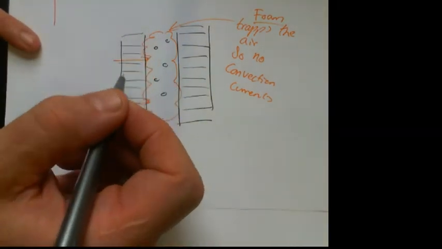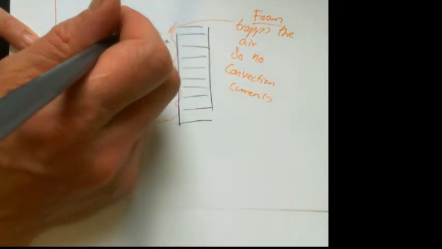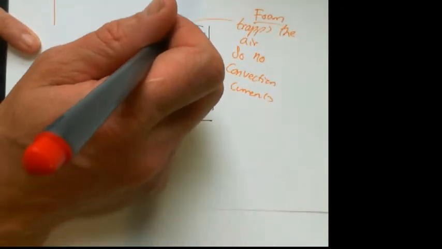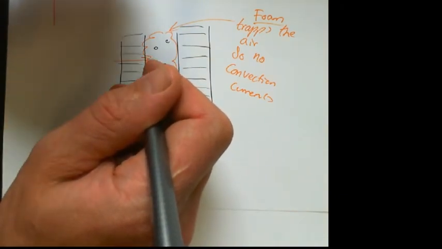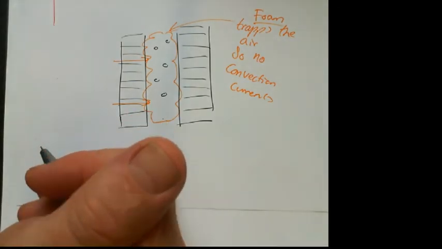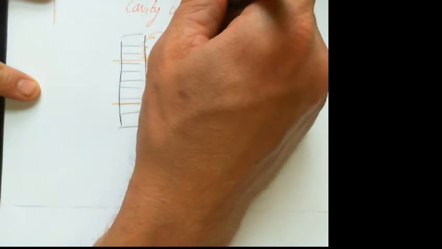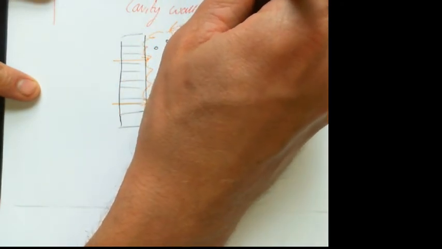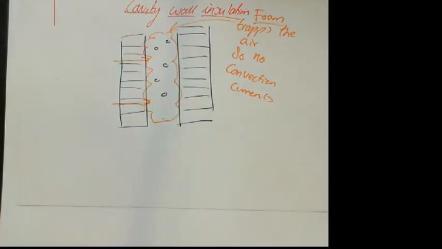If you look, before you had this, you had the heat rising and falling, and it takes the heat with it when the air's moving around. Trap the air, and it can't pass on to its neighbour through vibration because it's not touching. So it's very, very good insulation. That's called cavity wall insulation. And so that's all of the major types of insulation done.